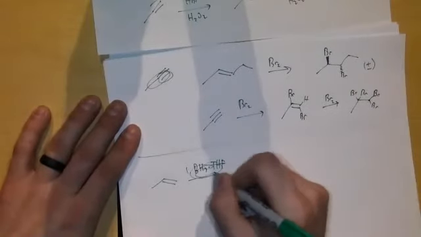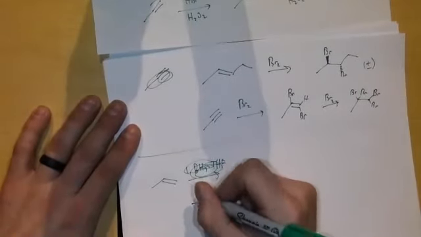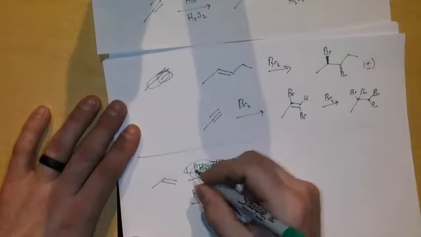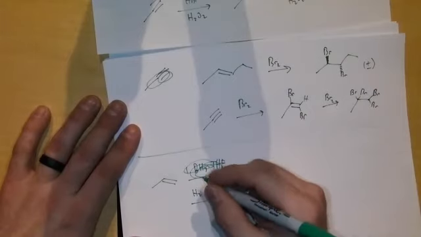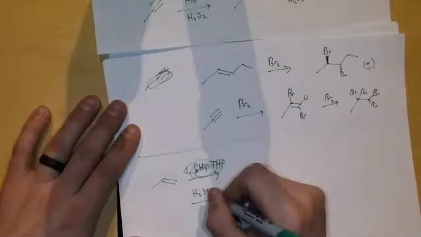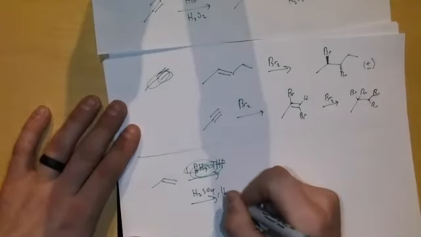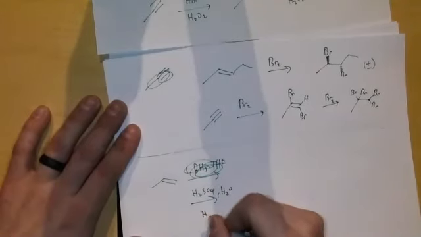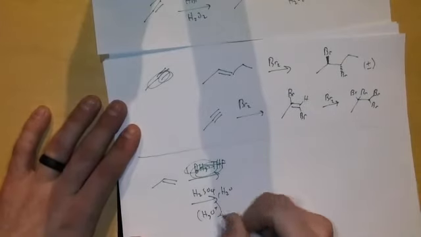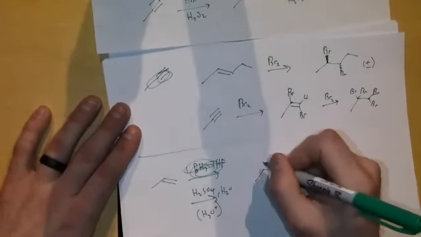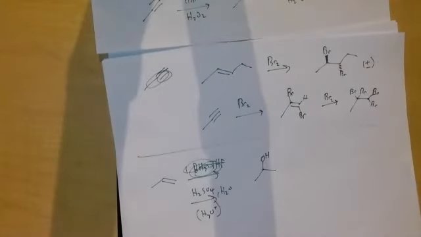I don't want to do that one first. Let's add in H2SO4 and water, which is basically just H3O plus. We can generate 1 bond to oxygen here.